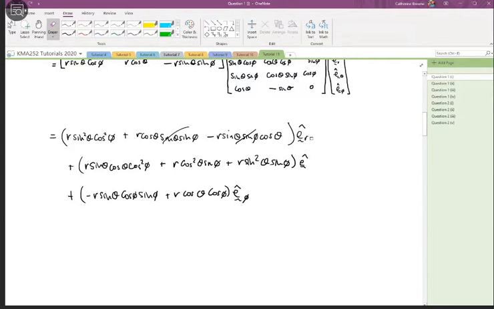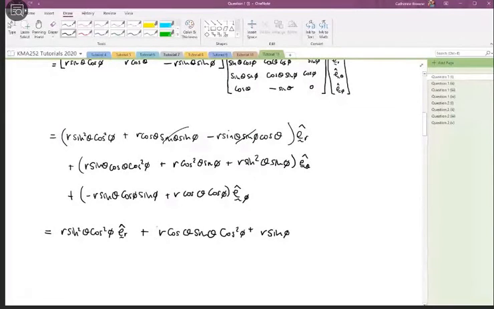This one here is actually the theta unit vector. Sorry. And so I can simplify that and I get, because this cos squared theta, sine squared theta, they're just going to sum to 1.